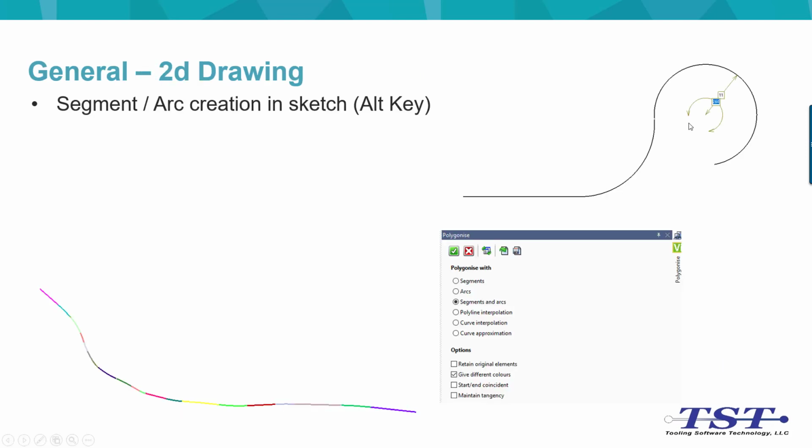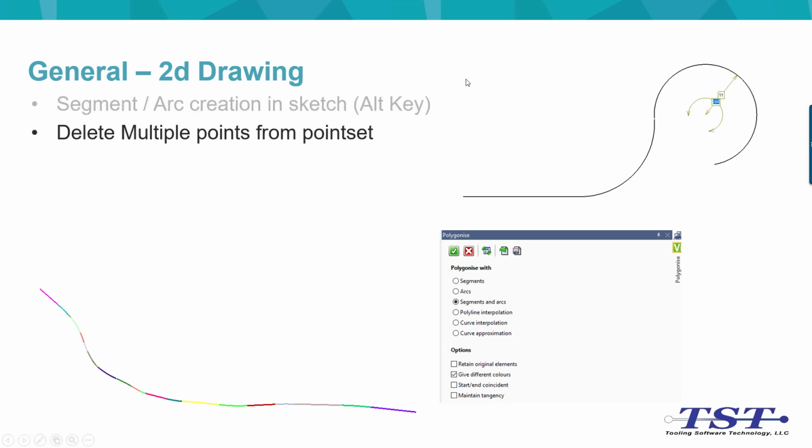So from here, we're going to go into the 2D drawing commands. This next one is segment arc. Basically you're using sketch line, and you can use the Alt key to toggle between segments and arcs. You can delete multiple points from a point set, and you have the ability to undo a merge.